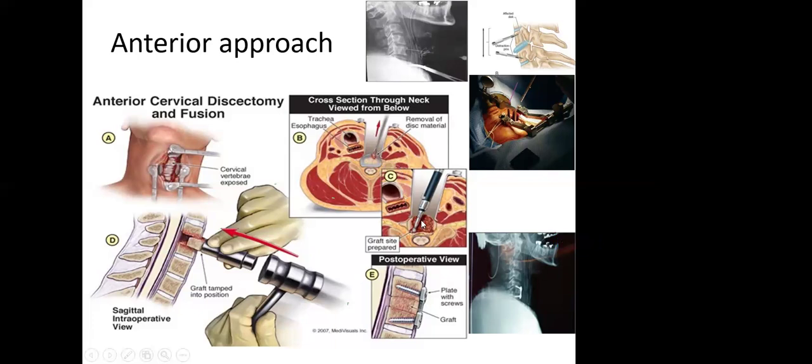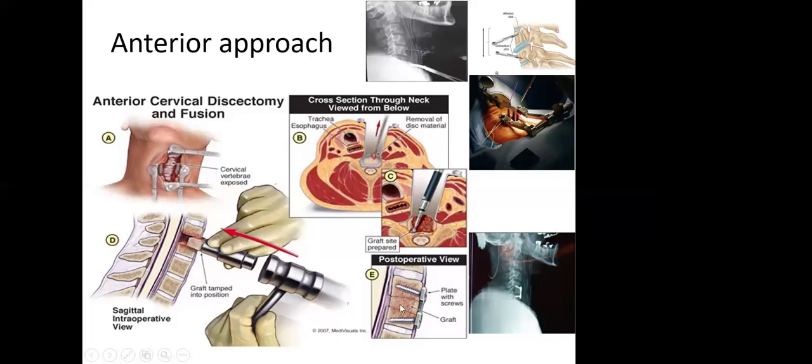After this is done and the disc space has been well cleared, the end plates are prepared as shown here. It can be done with a drill or even a curette so as to expose healthy cancellous bone and allow for better fusion. At this stage, whether it's the implant or the autologous bone graft, it is now put in place, taking care not to enter the spinal canal and reestablish cord compression.